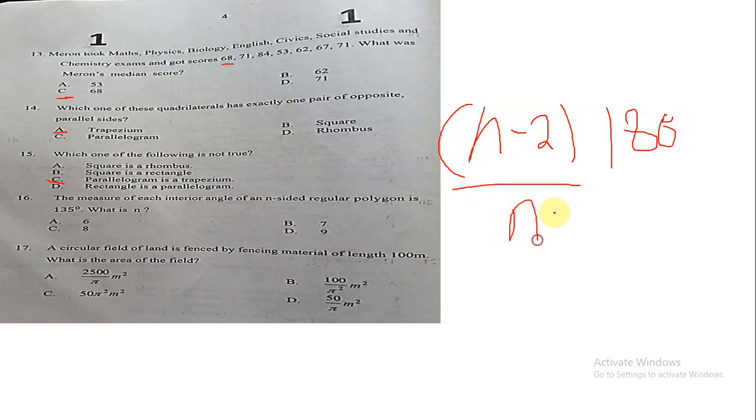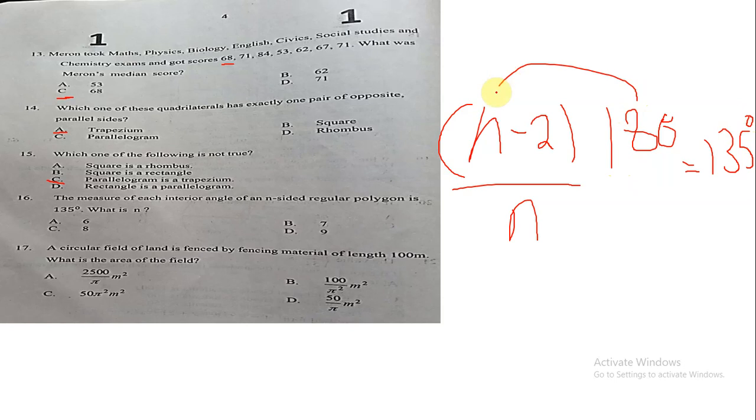N minus 2 times 180, and here over n, is then equal to the s-sided, which is we have what? 135, right?